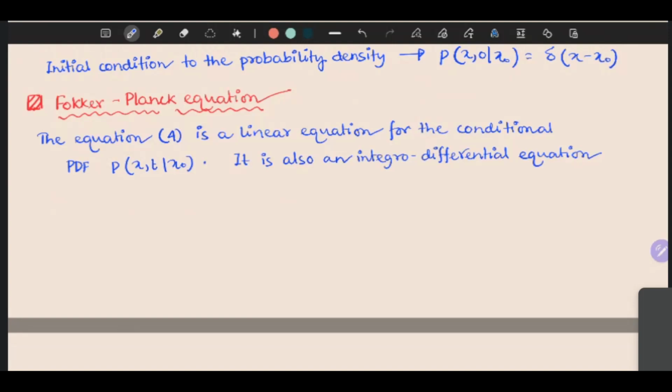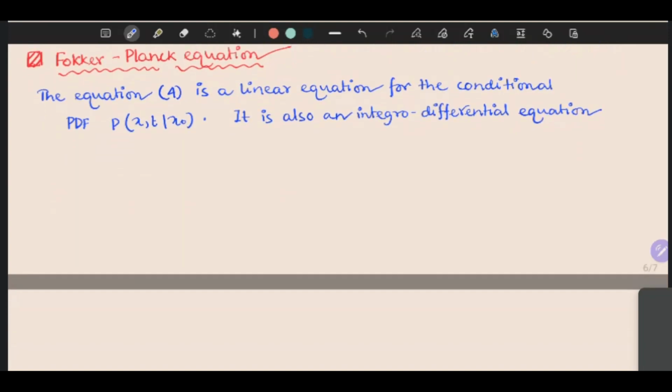Solving this equation exactly is very difficult. So that's why we'll use some tricks.